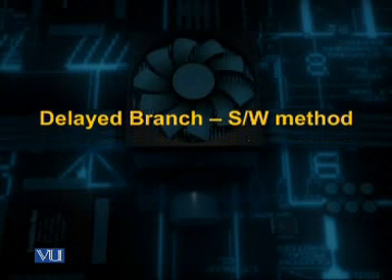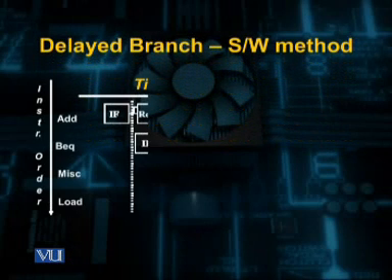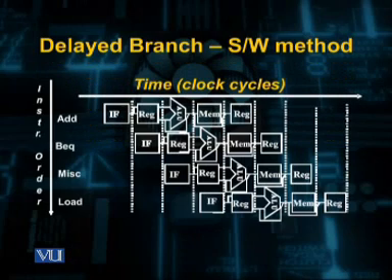As you can see from this diagram, after the branch equal, a miscellaneous instruction is used. This may be some arithmetic or logical operation which is not using the result of this branch operation at any stage.